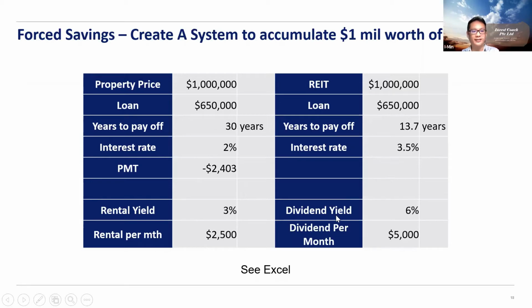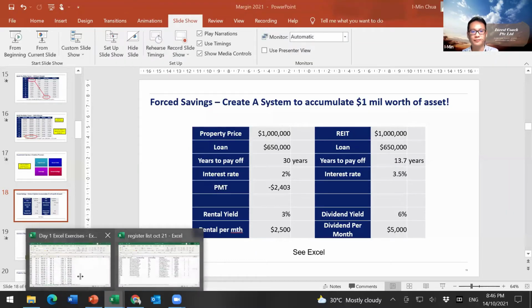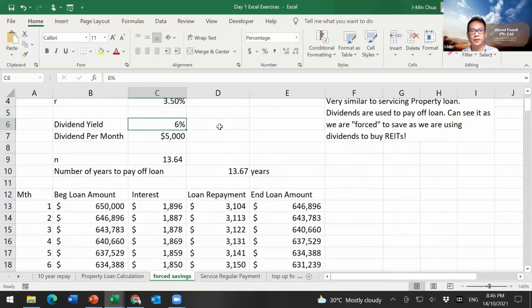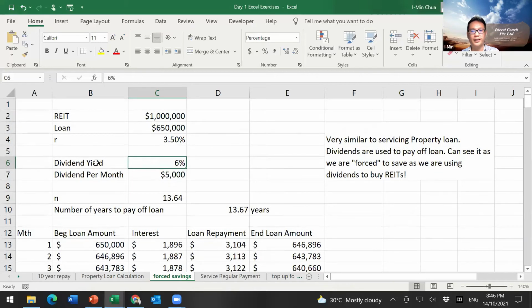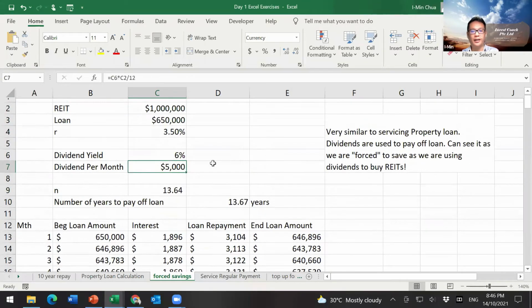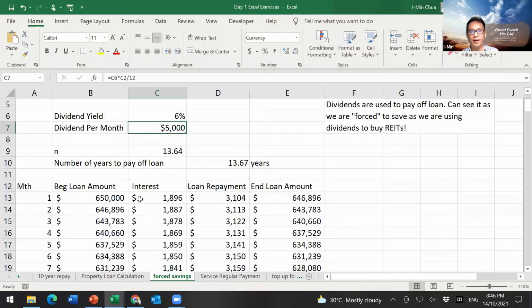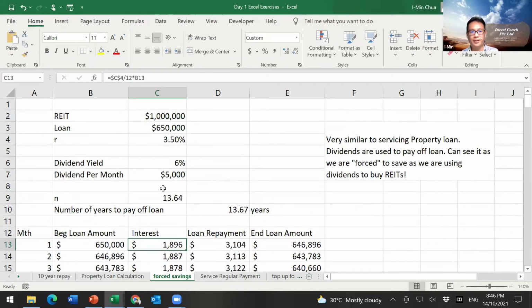Let's look at the Excel spreadsheet. My dividend yield is 6%, for example. So 6% of 1 million is 60,000 per year, 5,000 per month. And my interest is 3.5%. So this is my beginning loan amount. How do I get this interest? 3.5% multiplied by this number, divided by 12.